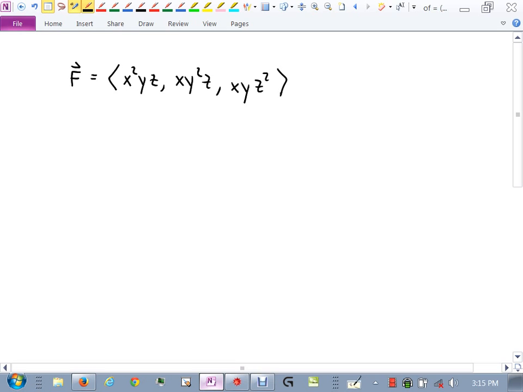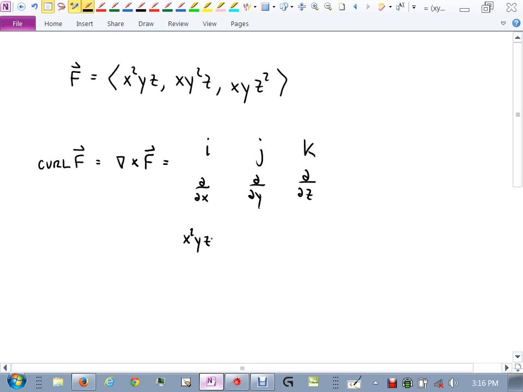And we're trying to find the curl. So the curl of F is del crossed with F, which is I, J, K, partial with respect to X, partial with respect to Y, partial with respect to Z, and then x squared yz, xy squared z, xyz squared.